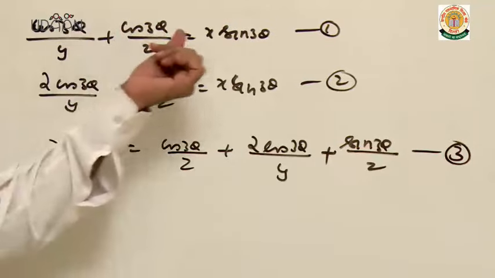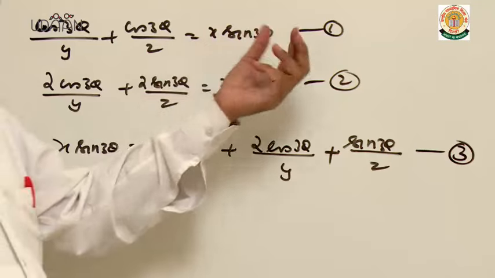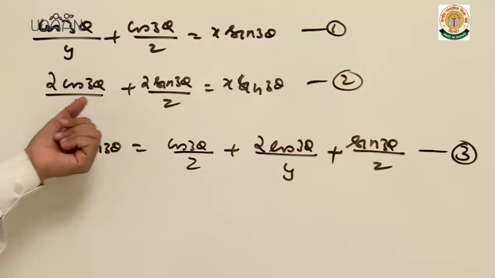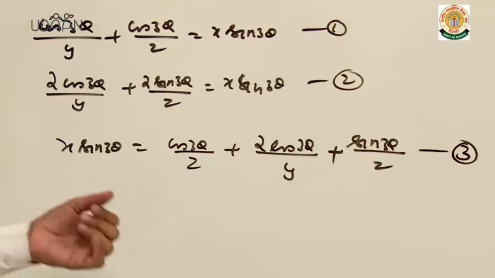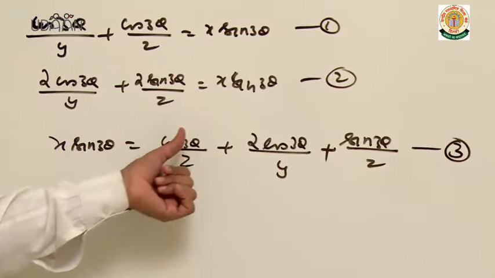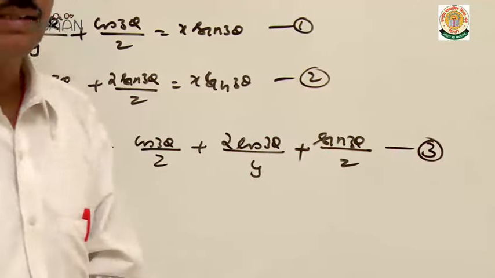Now we have the first equation, cos 3 theta by y plus cos 3 theta by z equal to x sin 3 theta, and 2 cos 3 theta by y plus 2 sin 3 theta by z equal to x sin 3 theta, and x sin 3 theta equal to cos 3 theta by z plus 2 cos 3 theta by y plus sin 3 theta by z.